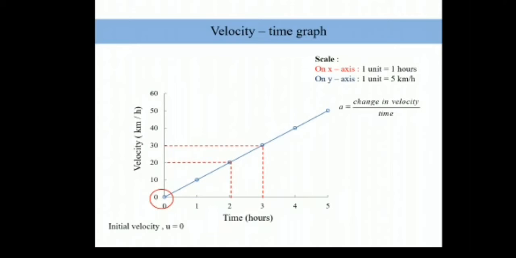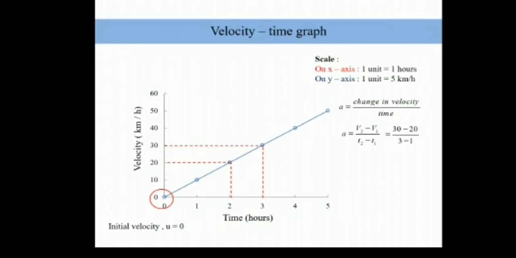Then to find the acceleration, we have to use the formula. Acceleration is change in velocity divided by change in time. So v2 minus v1, the velocity at the second point minus the velocity at the first point, divided by the time at the second point minus the time at the first point. v2 is 30 km per hour, and v1 was 20 km per hour.